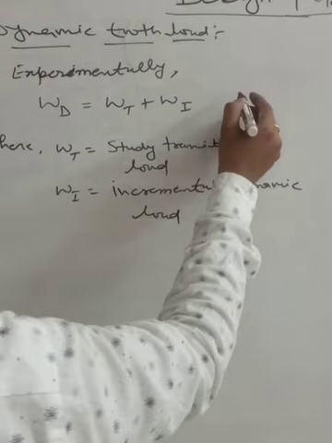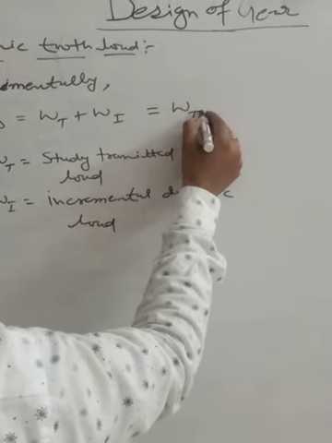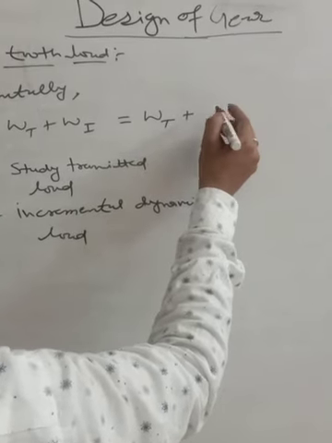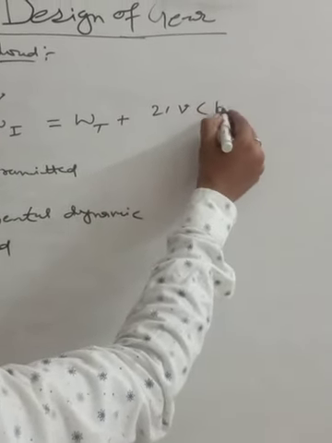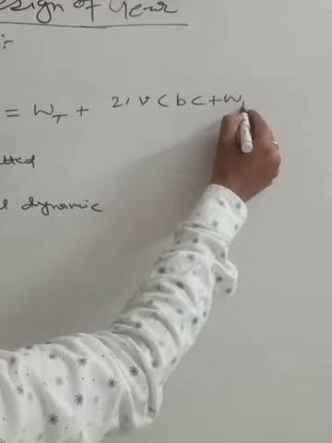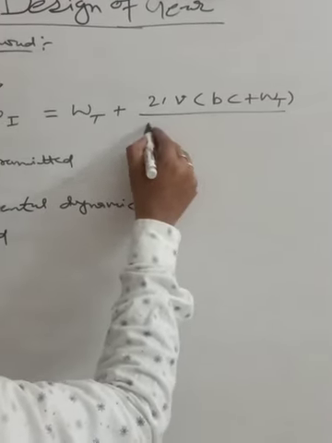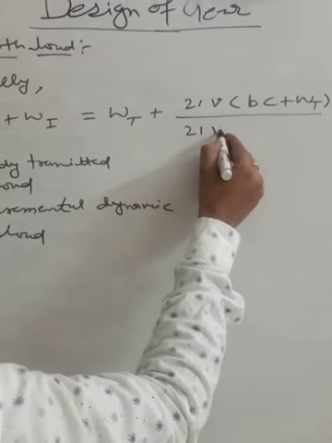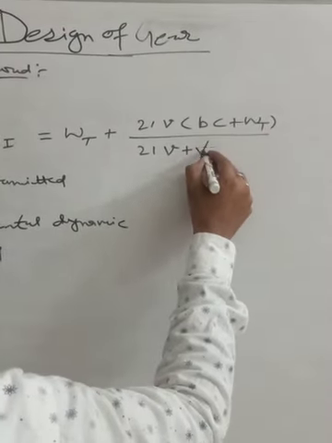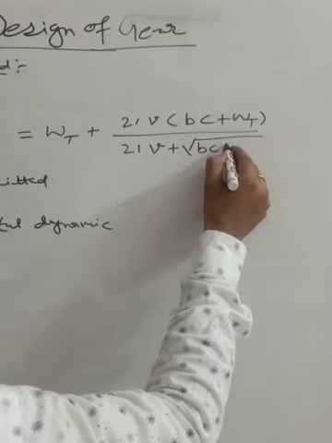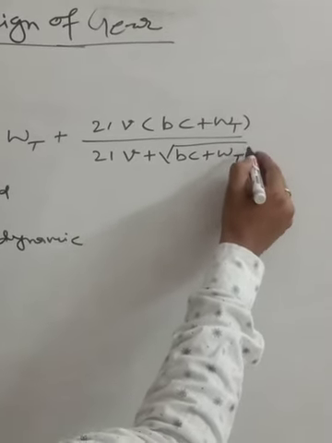This Wi is further calculated by an equation which is 21 V multiplied by (B C plus Wt) upon 21 V plus under root of (B C plus Wt).